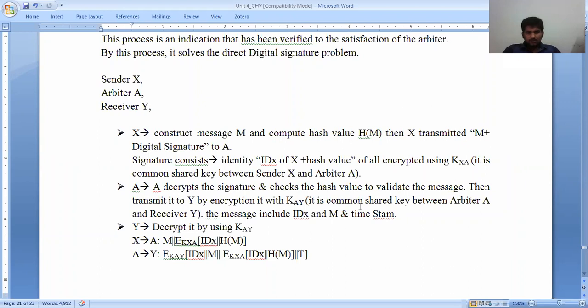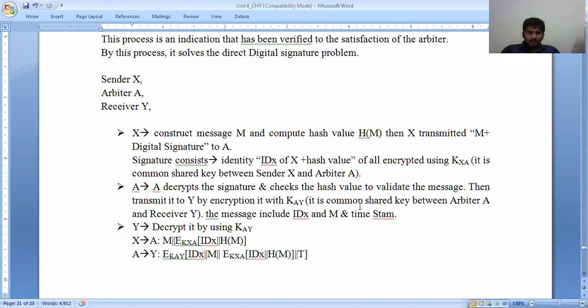Y is the receiver, who decrypts using the key shared between the arbitrator and Y.